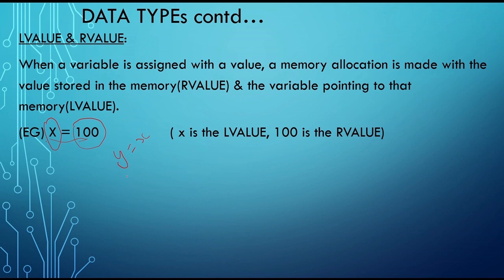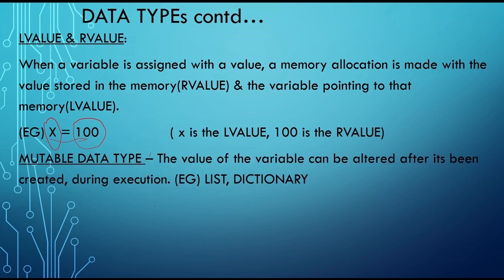So again, the L value here is a variable, but the R value here is yet another variable. So when I say this, y is also going to be pointing to the location that contains 100. The R value can be a constant. An R value can be an expression. So R value could be one of these, but the L value should necessarily be a variable. So these are the two values associated with the variable, the L value and the R value.